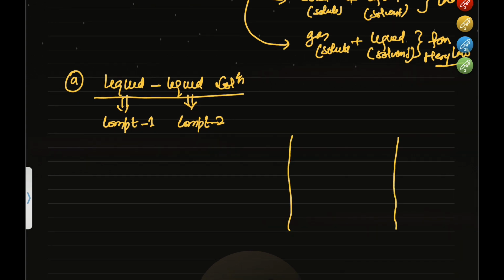Suppose both these components are taken in a closed vessel.